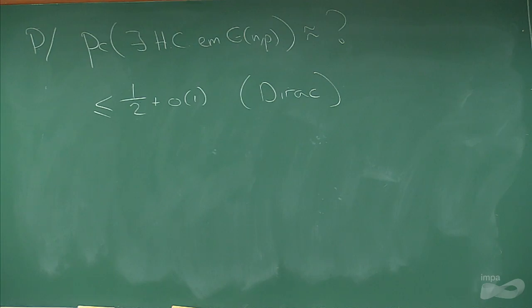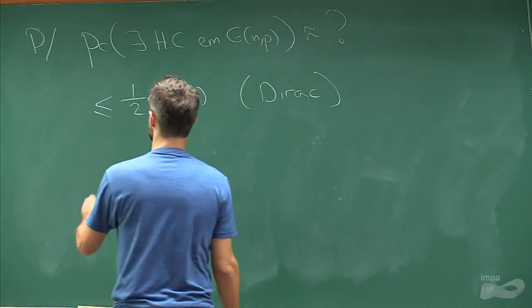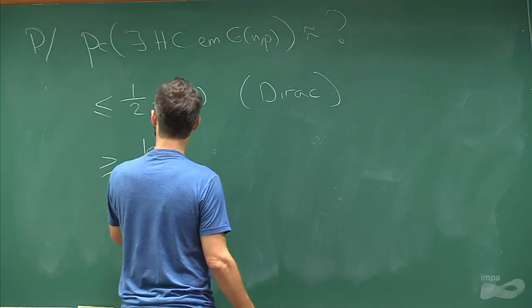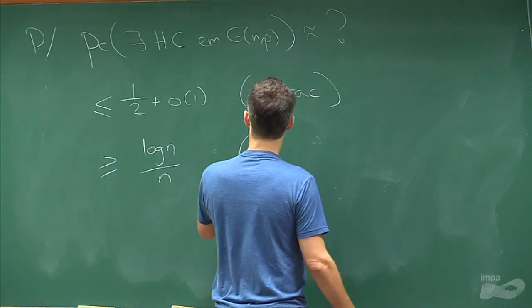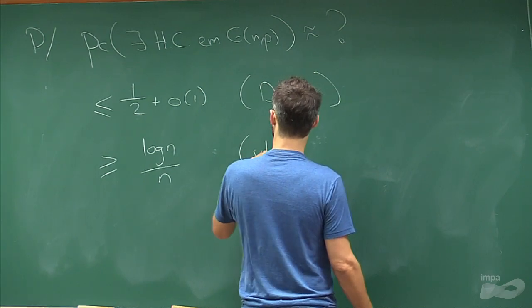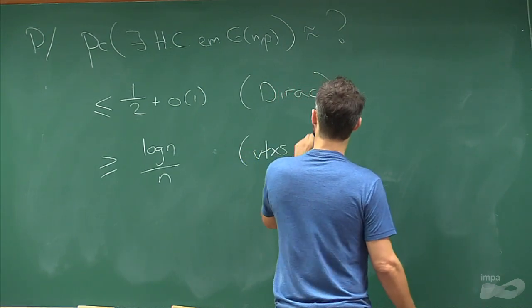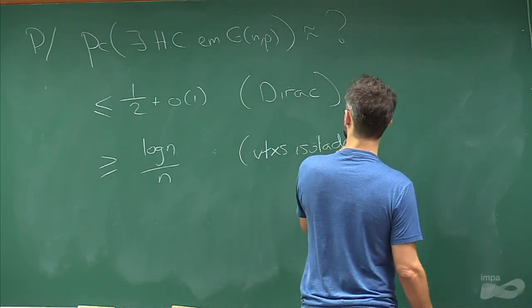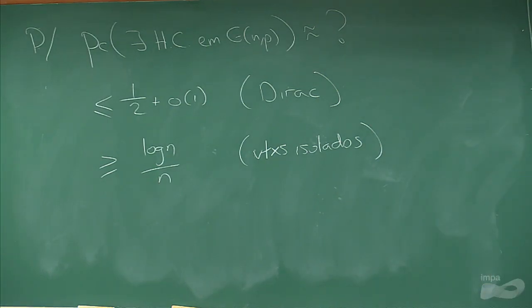Any lower bounds? Yeah, right, so we already proved that you need log n over n to have no isolated vertex, right? So at least log n over n. Any other suggestions?